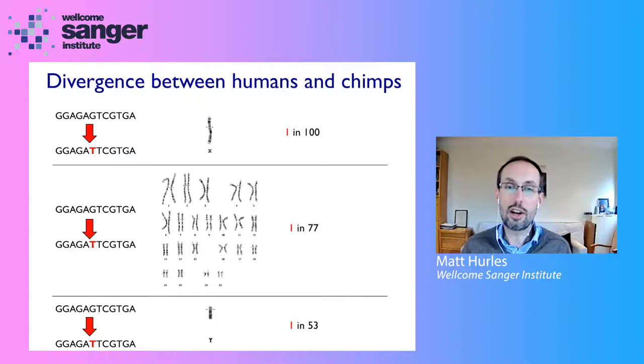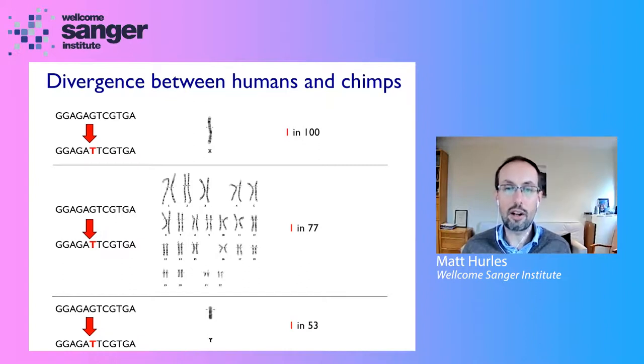There's the rest of the chromosomes apart from the Y chromosome, where about 1 in 77 bases are different. And then on the Y chromosome, about 1 in 53 bases are different. And so what that seems to suggest is the mutation rate on the Y chromosome is significantly higher than it is on the autosomes, which is significantly higher than it is on the X chromosome.